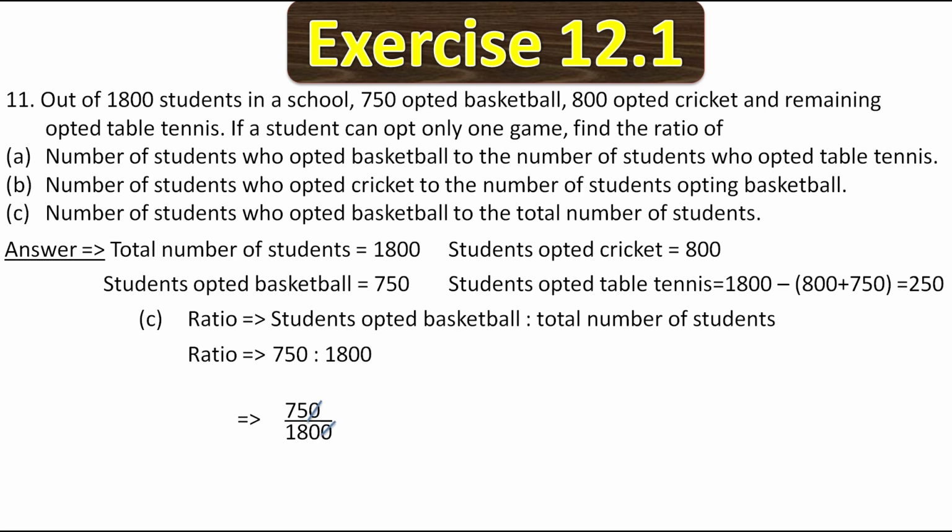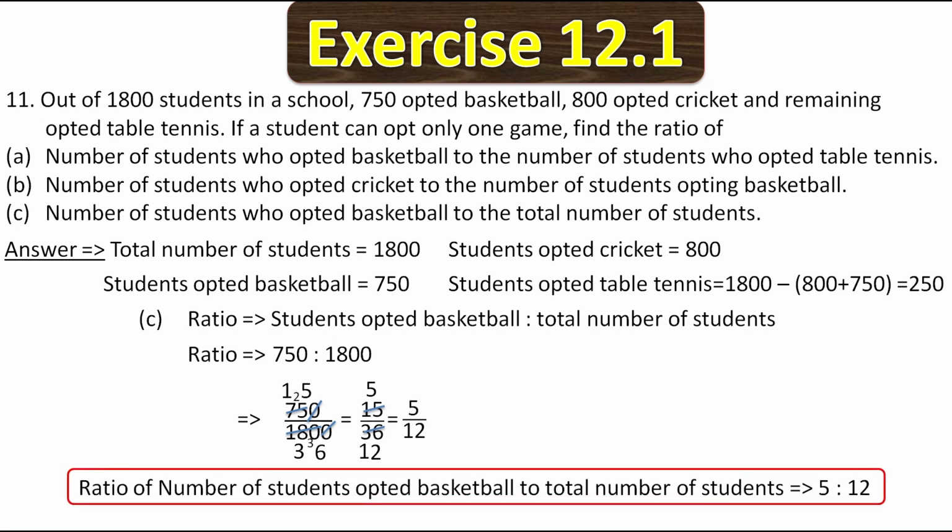Now we will cut it by 5. 5 3s are 15, 3 remain. 5 6s are 30. Now here 5 1s are 5, 2 remain, 5 5s are 25. Now we got the fraction as 15 upon 36, which can be divided again by 3. 3 5s are 15 and 3 1s are 3 here, 3 2s are 6. So we got the simplest form of the fraction as 5 upon 12, and that is the ratio.